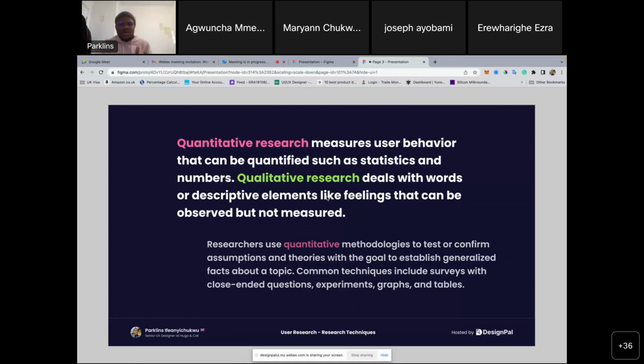But qualitative research, which is in green, helps us understand, because it deals with words or descriptive elements like feelings that can be observed but not measured. They're not measurable. This part is very important, because it is the part of your research that sparks your empathy as a designer.